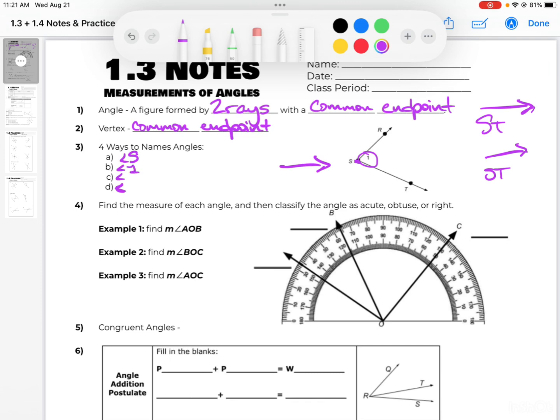This one, we could call angle 1 because it's got a 1 right there inside the vertex. And then the other way you could name it is with the letters. You could call this angle RST, or you could call it TSR. And the important thing about both of those, RST and TSR, is that the S is in the middle. S is in the middle. That is our vertex. So that letter that represents the vertex always needs to be in the middle.